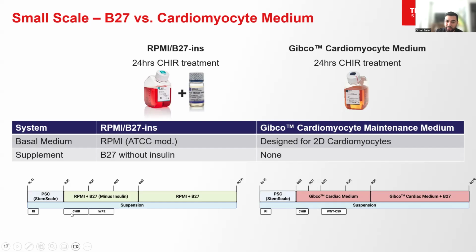Keeping the small molecules the same and pretty much everything else the same, but switching out the RPMI and the B27 to media that was specifically designed for cardiomyocytes, which was already part of our cardiomyocyte differentiation kit. We have a cardiomyocyte maintenance media. So we used that media instead of the RPMI.